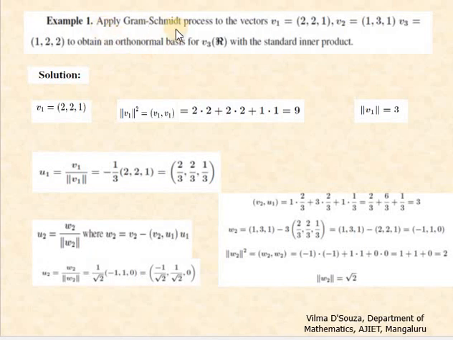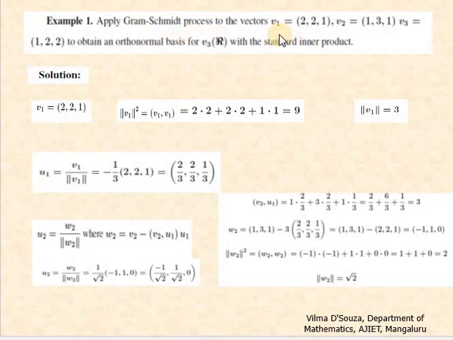Apply the Gram-Schmidt process to the vectors V1 = (2, 2, 1), V2 = (1, 3, 1) and V3 = (1, 2, 2) to obtain an orthonormal basis for R3 with the standard inner product.